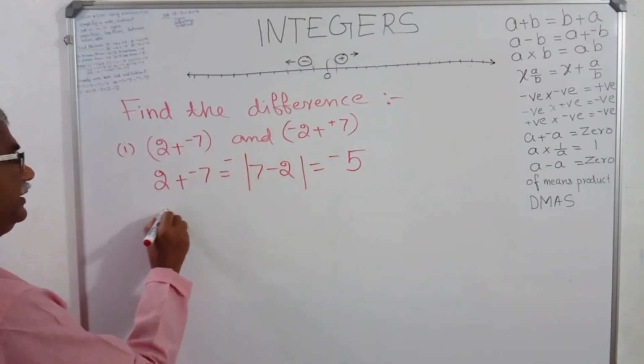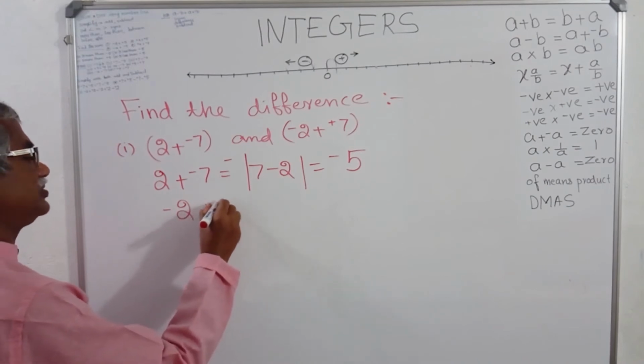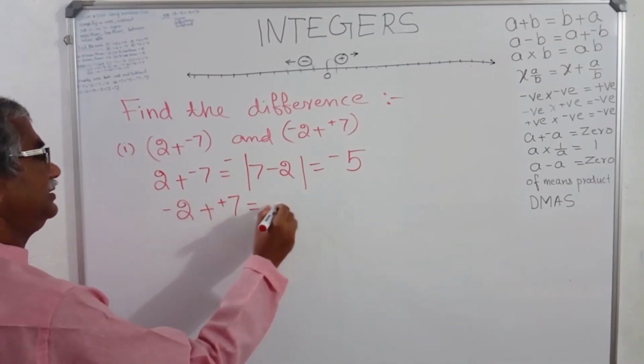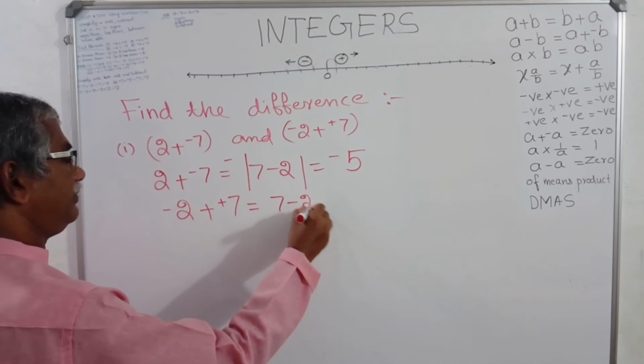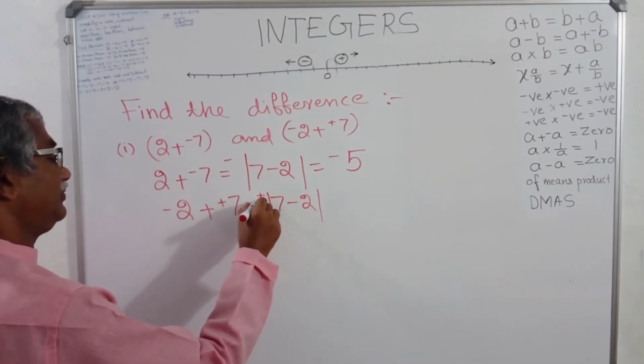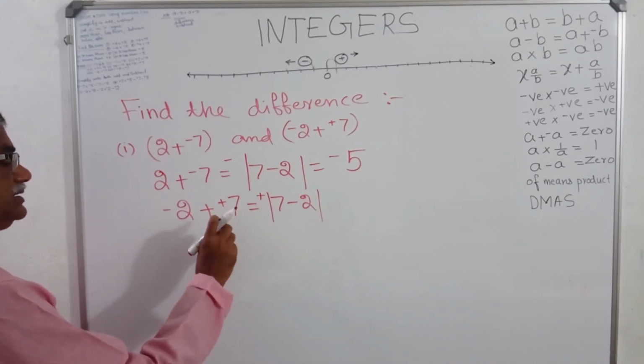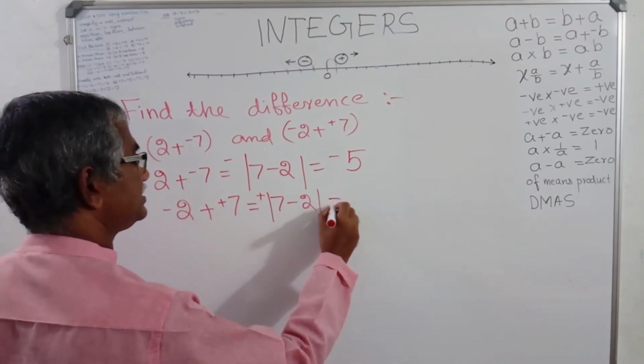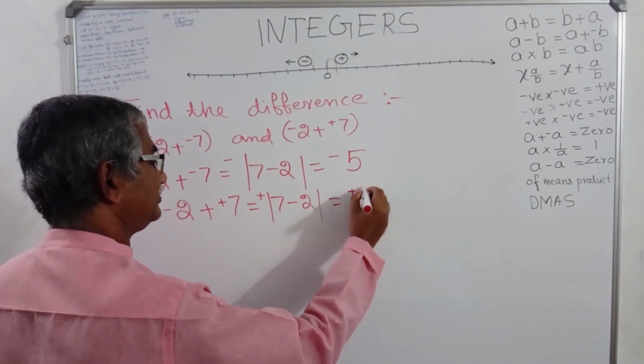Then negative 2 plus positive 7: taking the difference of absolute values, put the sign of the number with the larger absolute value, which is equal to positive 5.